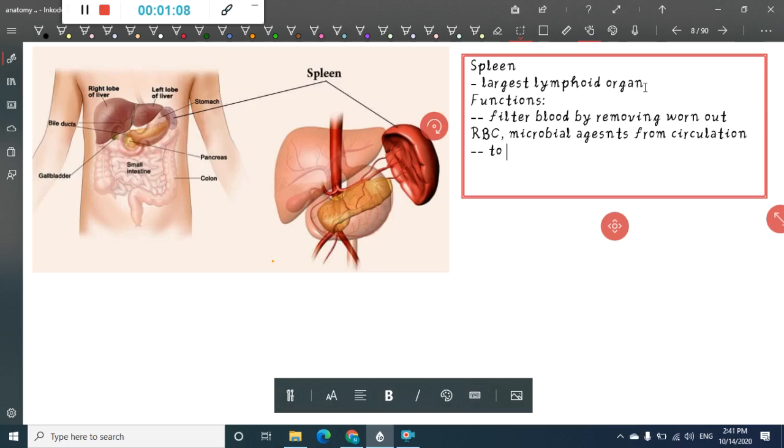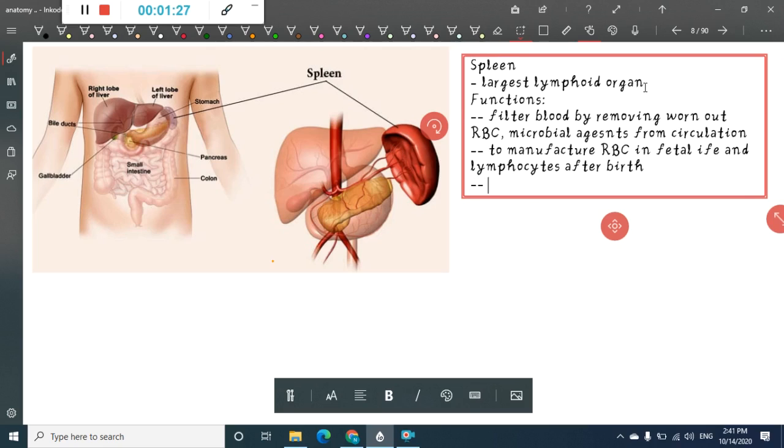Then it is also useful to manufacture RBCs in fetal life and lymphocytes after birth.